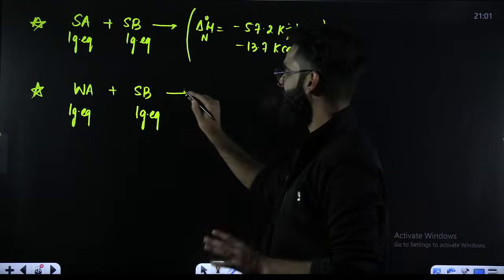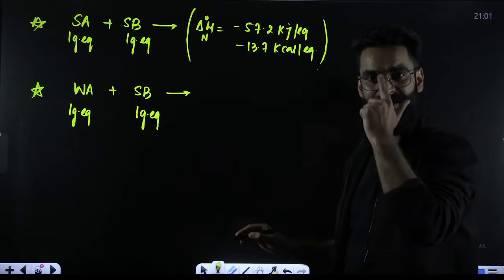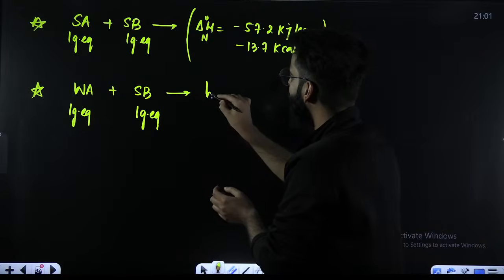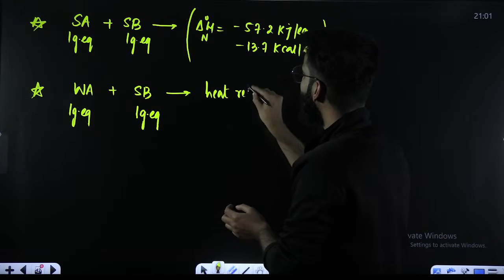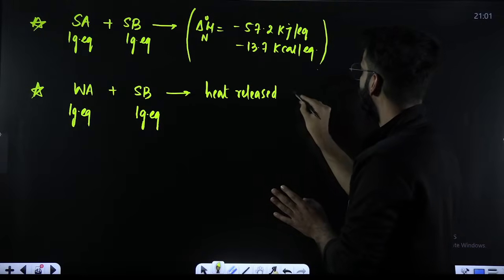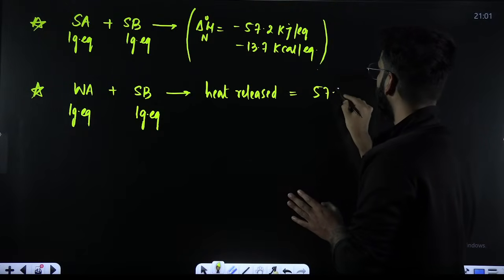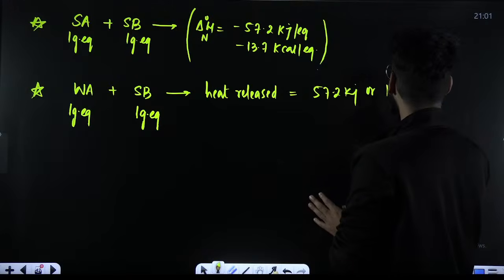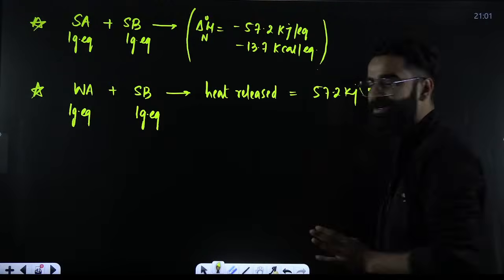Right? Definitely there'll be salt formation and water formation. Can you tell me what will be the amount of heat released over here? Will it be the same as 57.2 kilojoules, or 13.7 kilocalories? Or will it be different?